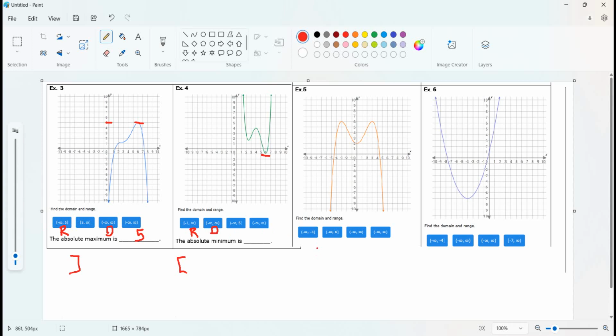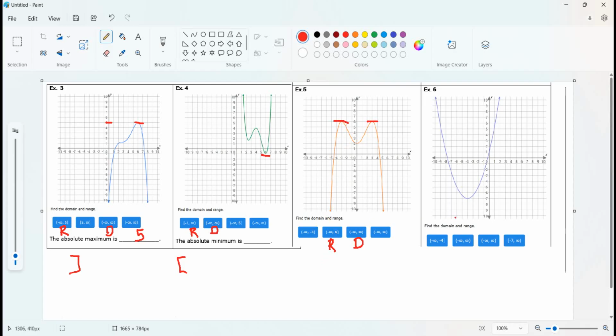On example number 5, the x values, it's going to hit all of those x values. So this one is going to be the domain. The range is going to be up to, what does that say, 6? Yeah, it's only going to go up to 6, but it's going to continue down, so it's going to be this one, negative infinity up to positive 6.